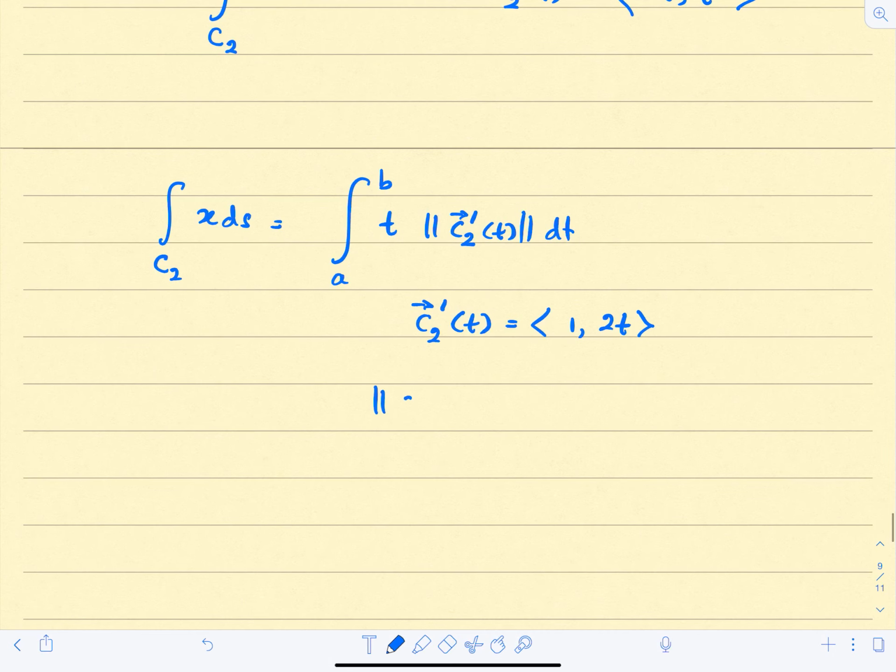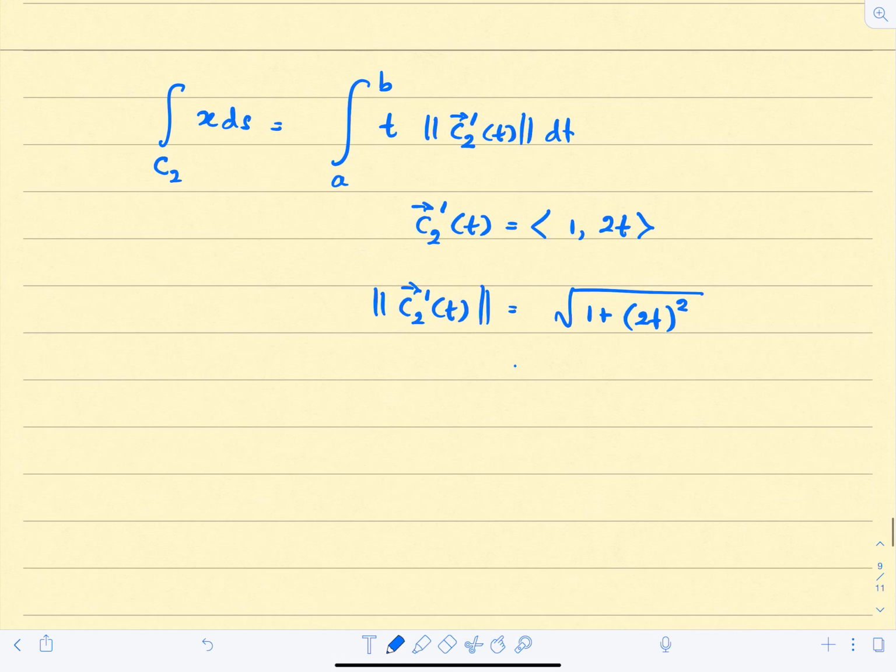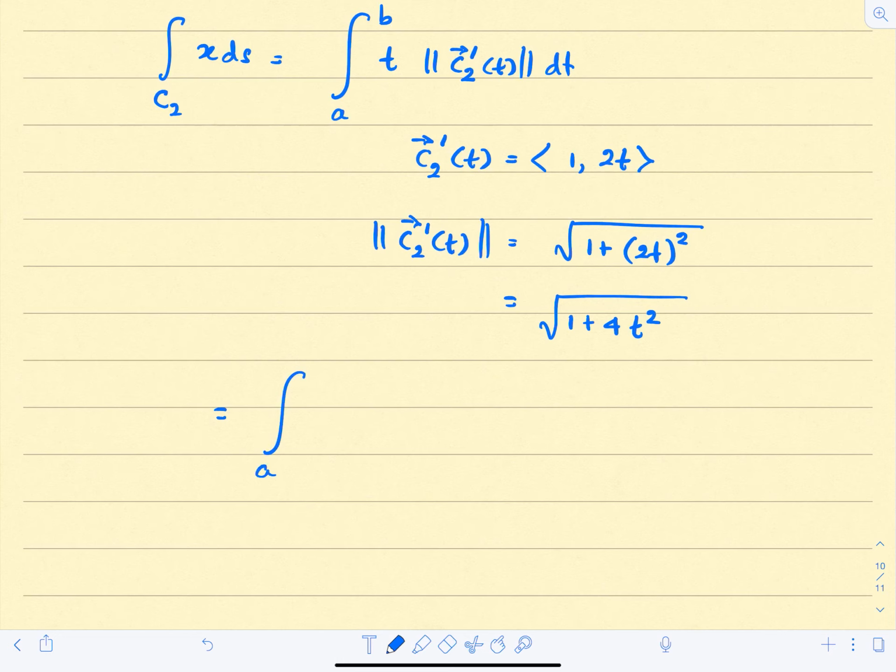Therefore its magnitude should be the square root of 1 plus 2t squared, which equals the square root of 1 plus 4t squared. Okay, so now we can update the integrand.